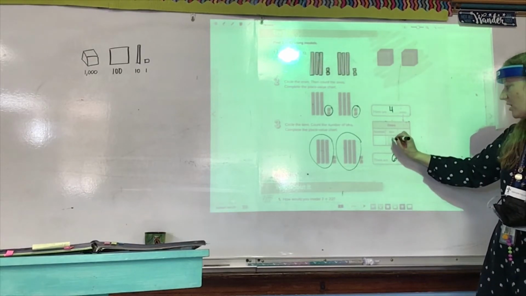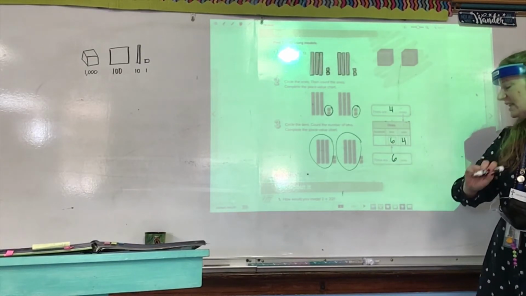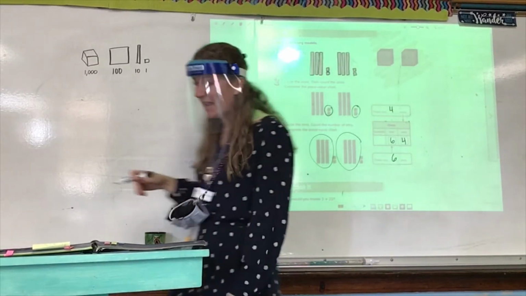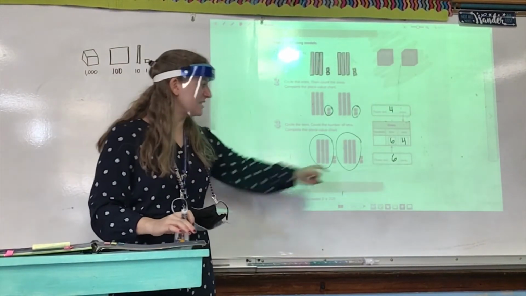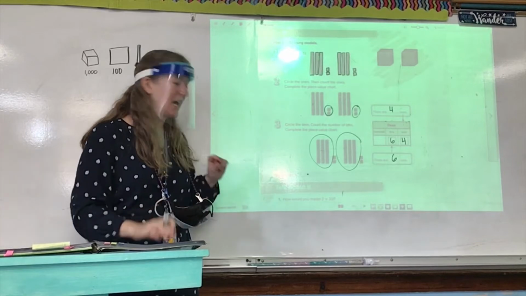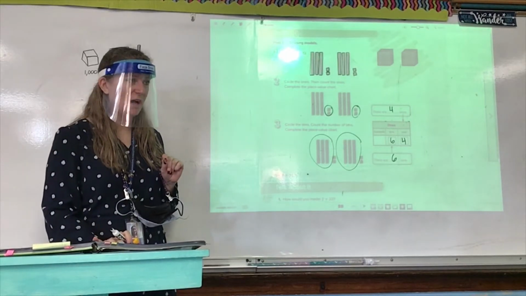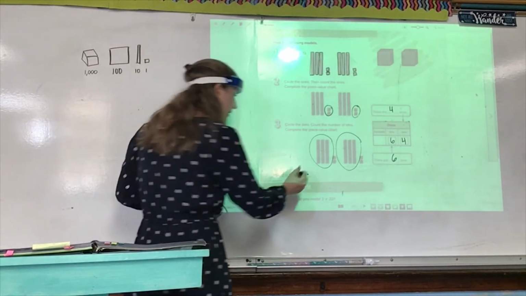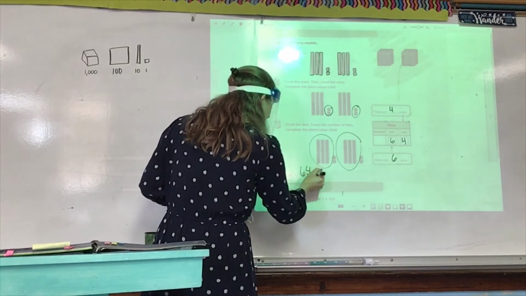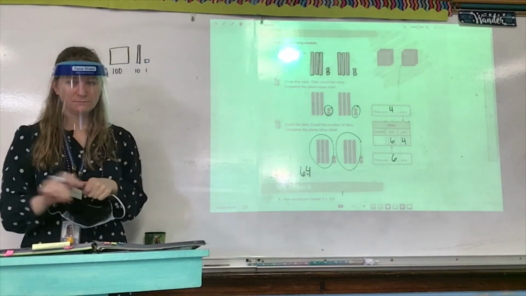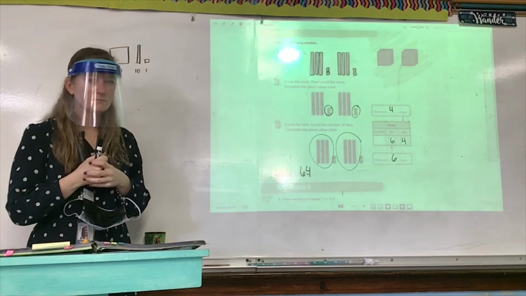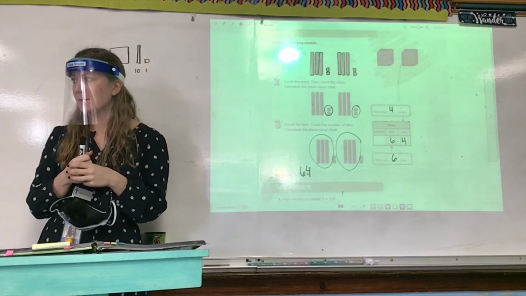Which means in our place value chart, we put a 6 in the tens place. If there are 6 tens and 4 ones, 2 times 32 equals what, class? 64. There you go. Is everybody with me?